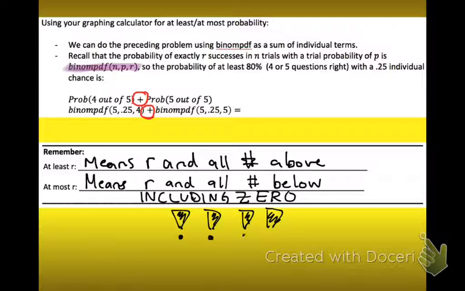So often I say we're doing a problem and it says, what is the probability of getting at most 3? And students will find 3, they'll find 2, they'll find 1, and that's it. But if you're getting at most 3, the reality is you could also get 0. So do not forget 0. Don't forget 0.